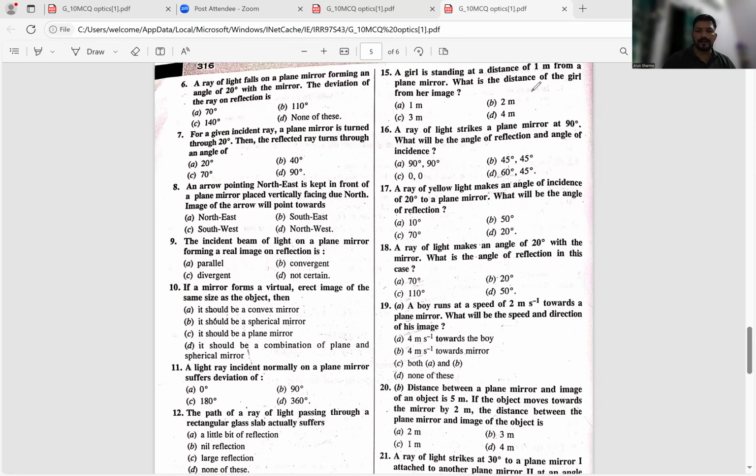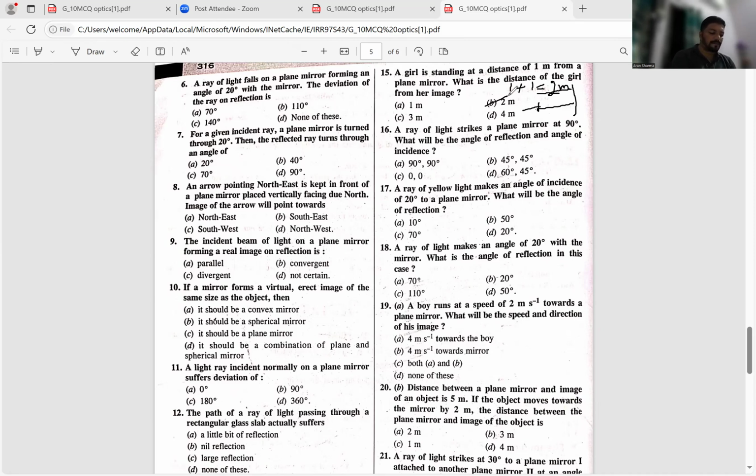The girl is standing 1 meter from the plane mirror, so the image is also formed at 1 meter. It means 1 plus 1 is equal to 2 meters. The image is formed at 2 meters. So you know the basic concept.